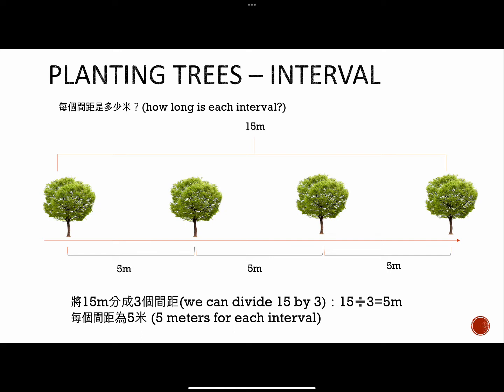Let's look at the pictures, and we can figure out that there are 3 intervals among 4 trees, and each interval is the same length. Then we can simply divide the total length into 3 equal parts. We use 15 meters divided by 3, so the answer is 5 meters.